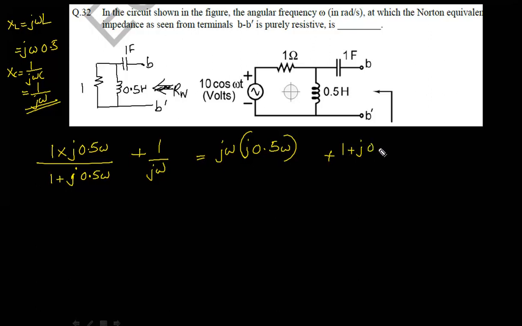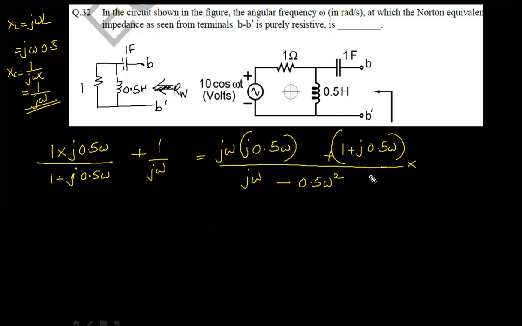So 1 plus J 0.5 omega, divided by J omega plus J omega into 1 plus J 0.5 omega, that is J omega plus J square. J square is minus 1. So minus 0.5 omega square, right?